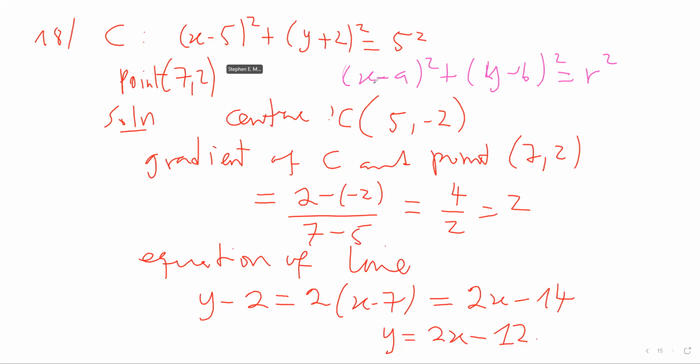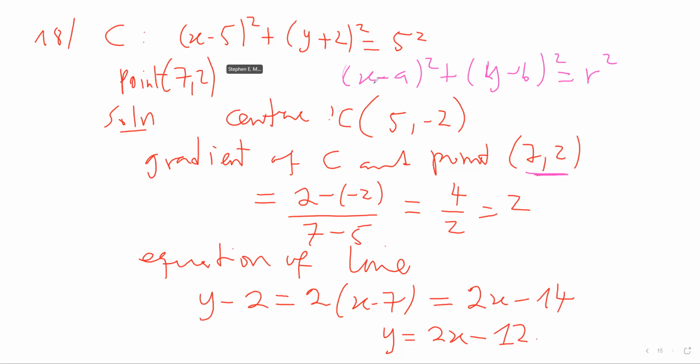So the next thing is, once we know the center and we know the point, we find the gradient between these 2 points, and then we realize the gradient is 2. And if we know the gradient, then we can write the equation of the line that goes through the point (7, 2).